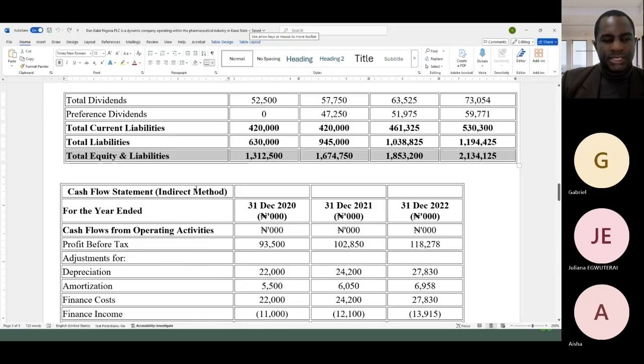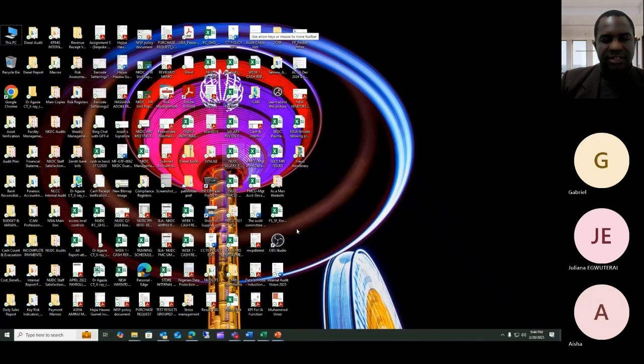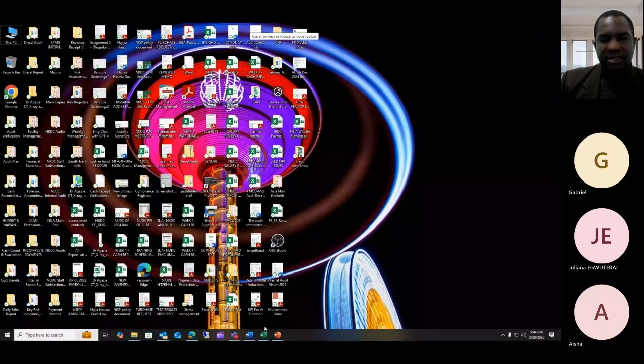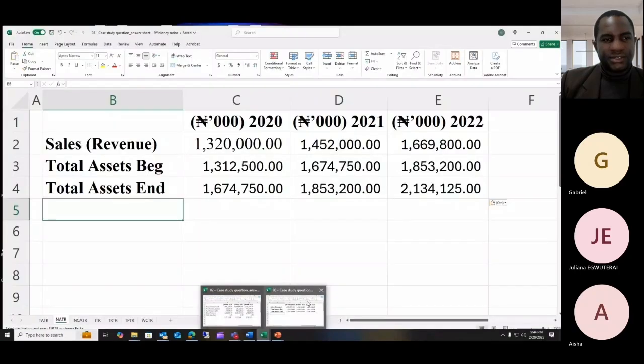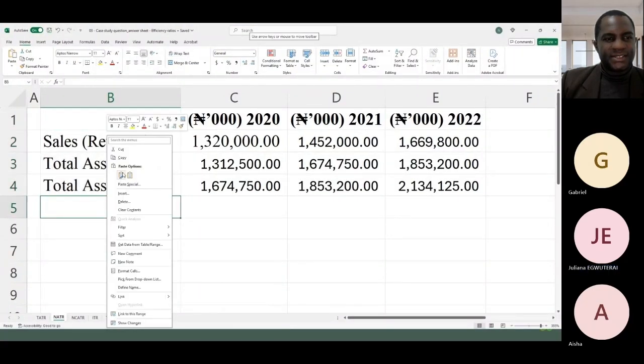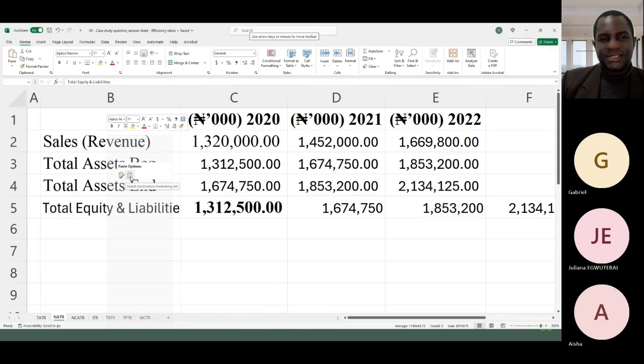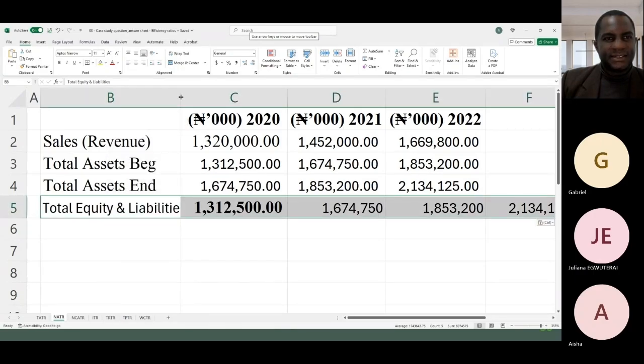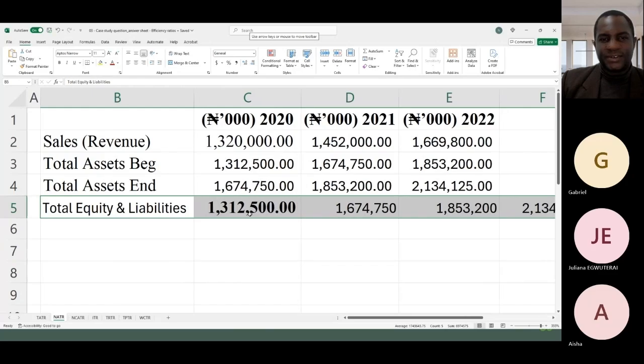So don't forget the net. The formula is not average, but total assets will do average. But here, take note, you are not doing average. The formula is not giving us average because of the complexities with the total liabilities we are removing.